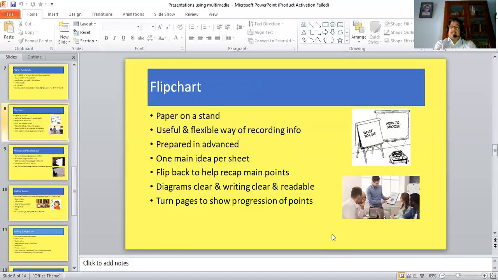So the things that you write on the flip chart should be written beforehand, and they should be clear and readable so that the audience, which is necessarily sitting at some distance away from your chart or your slides, is able to read and understand. Now, you can just simply turn over the pages of the flip chart in order to show them different points, or move on from one point to another.